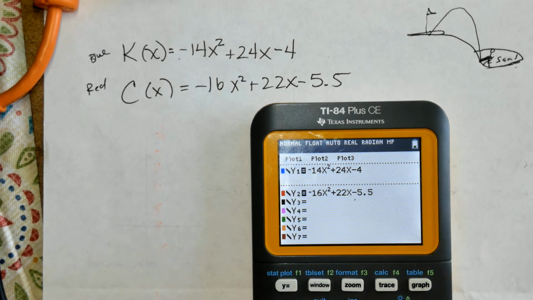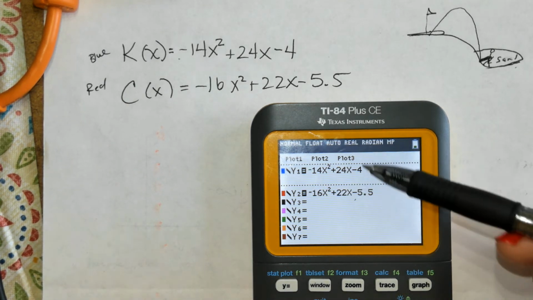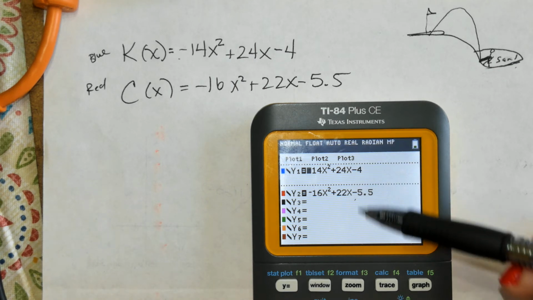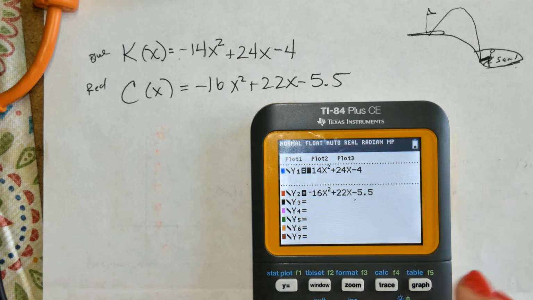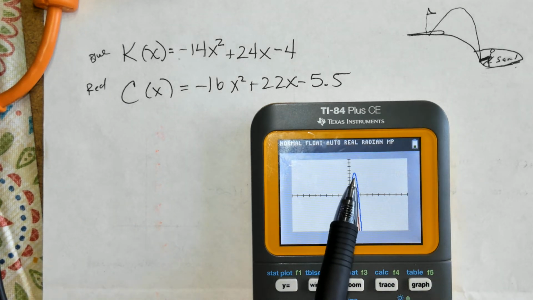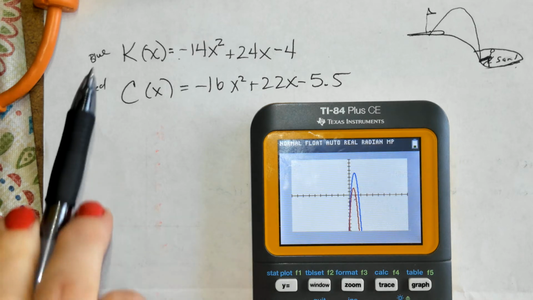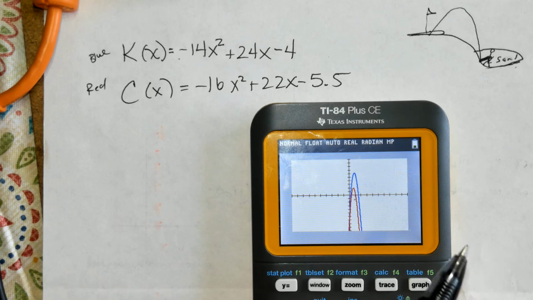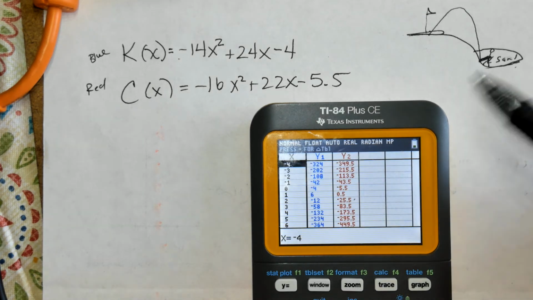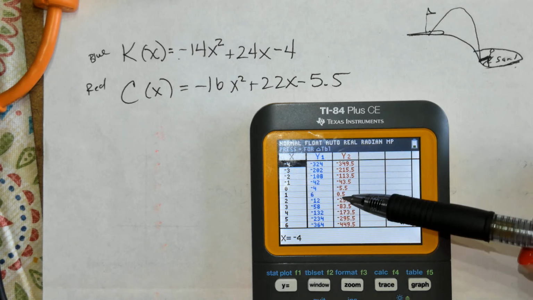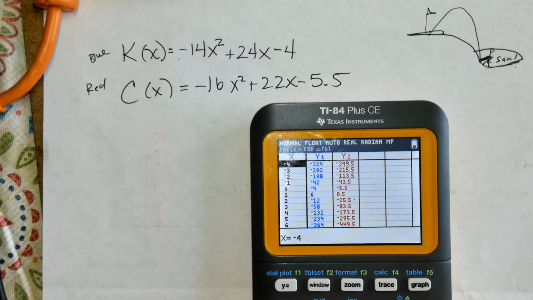I know you don't have that advantage with your calculator, but we'll be able to see based on the y-intercept to differentiate between the two. Okay, and whose went higher? The blue went higher, so blue represents Kylie. Again, for you, you can go second graph and you'll be able to see which one is Kylie and which one represents Cassandra.